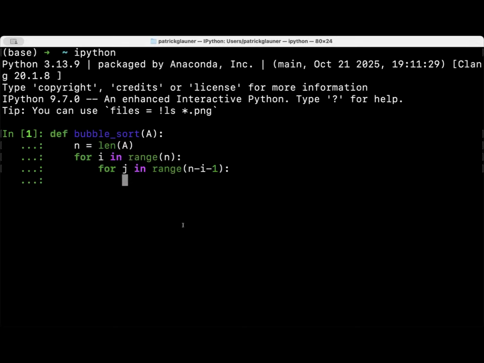So I have a loop within a loop, and now what I can check is if element A[j] is greater than element A[j+1], that means the left element is greater than the right element, then I need to flip them.